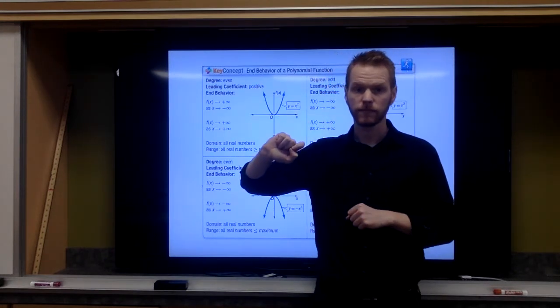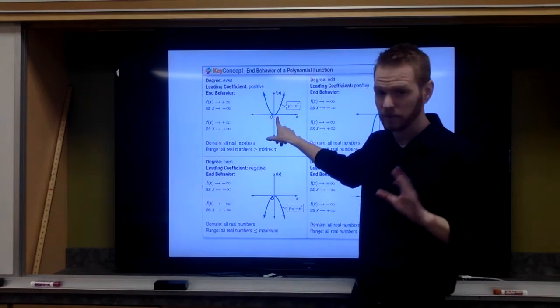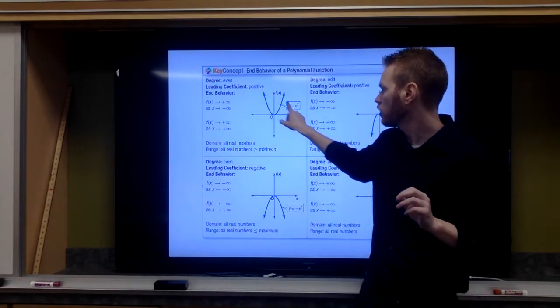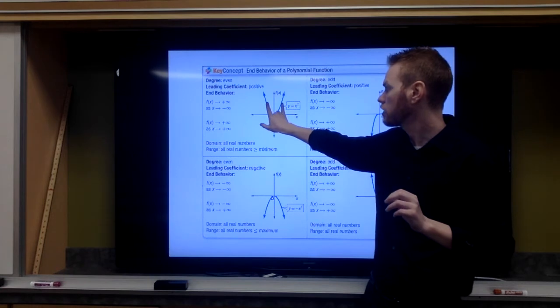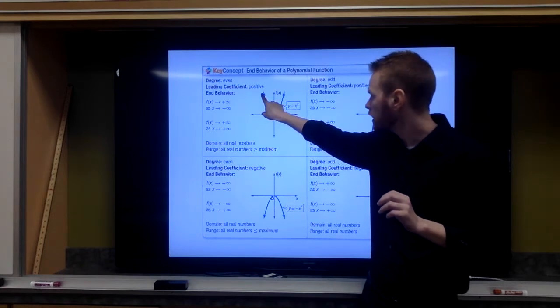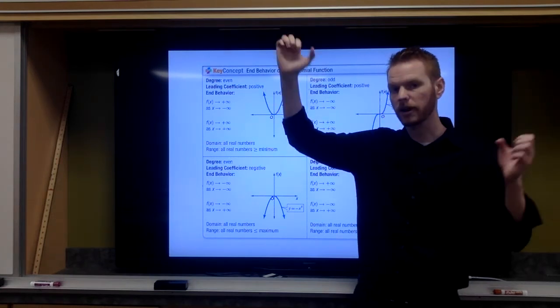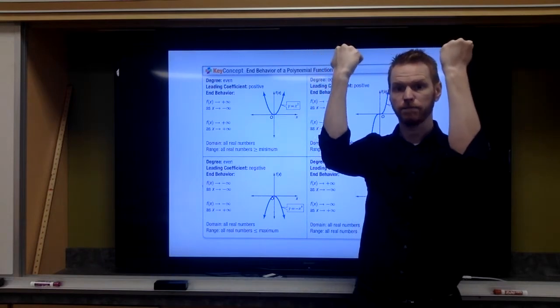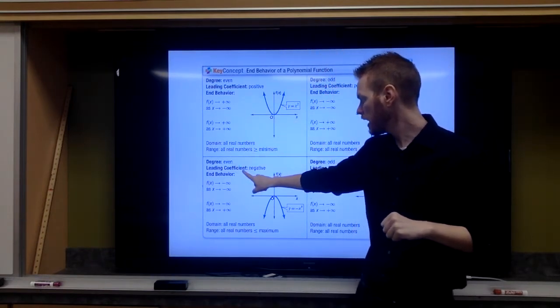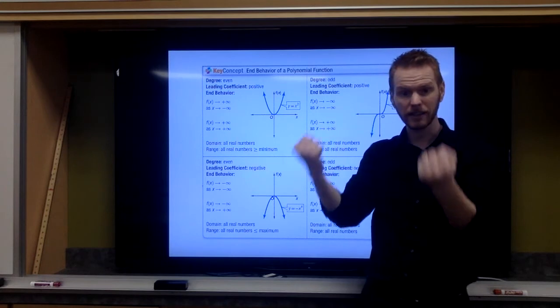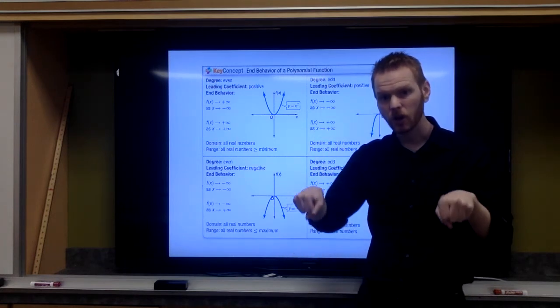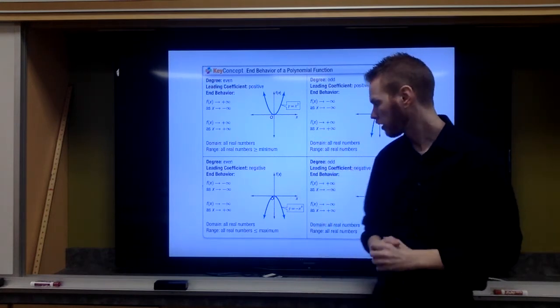Go back to a quadratic, an easy comparison. If the leading coefficient is positive, it's going to be opening upward. Notice the end behavior: both the left part and the right part of the function are facing up. If the leading coefficient is negative, it gets reflected and both ends point downward.